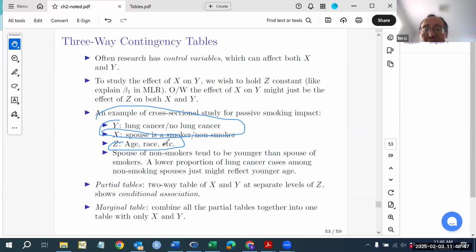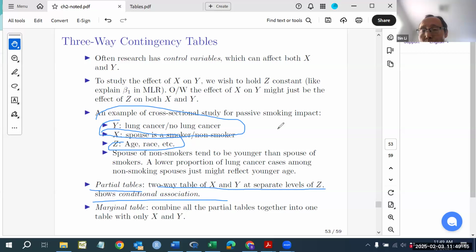So in order to have a good understanding of these effects, we need to control the age group or the race group. So that's why we have a name called a partial table. That's a two-way table of x and y at each level of z. That shows the conditional association.